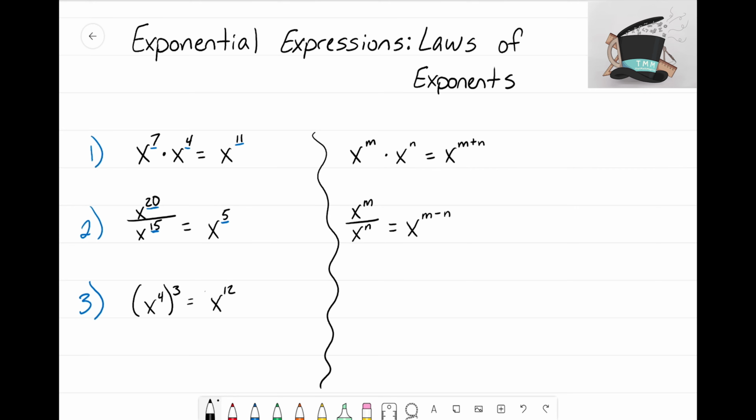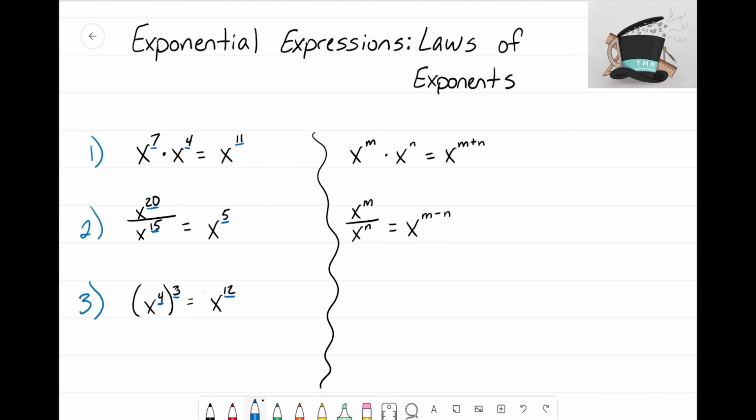But again, I want to see, is there a shortcut so that I don't have to expand it out anymore? Hopefully we can start to notice that the 4 and the 3 there, how I'm getting to this 12 is that I'm just multiplying those two exponents together.